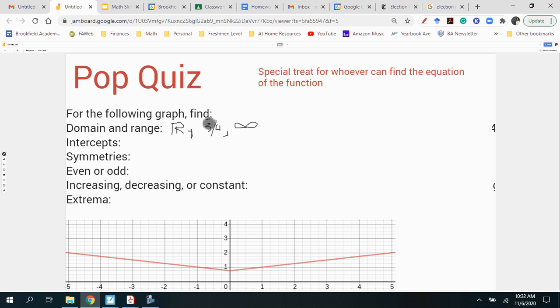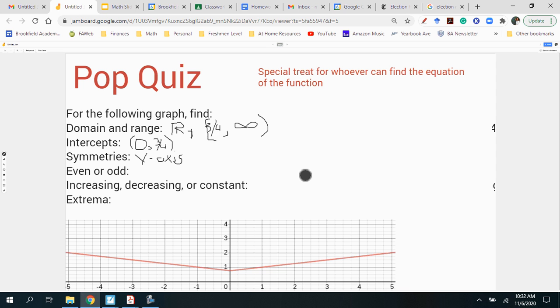Ava? Y-axis symmetry. Yep. Ryan? It is decreasing from negative infinity to 0. Patricia? It increases from 0 to infinity. Tara? The only extremum is a minimum.